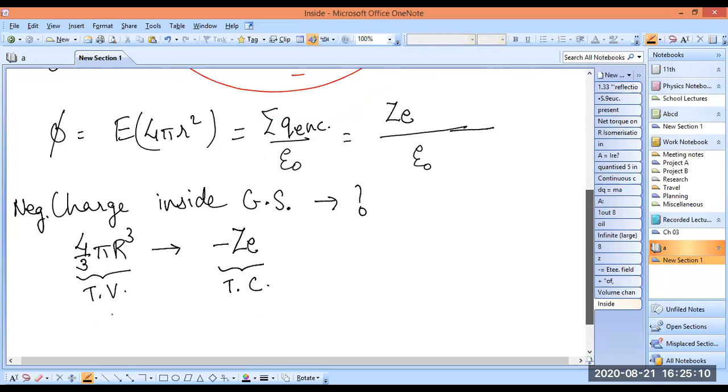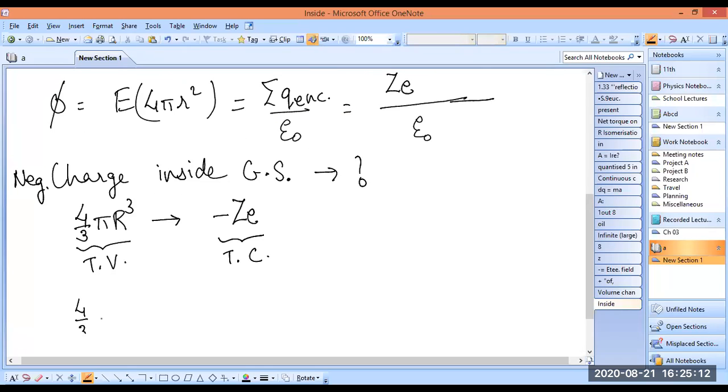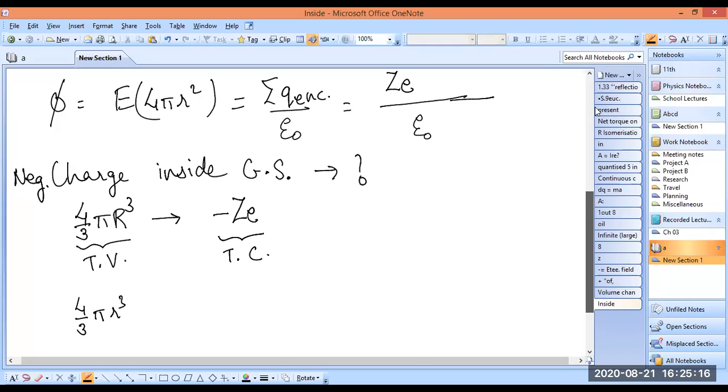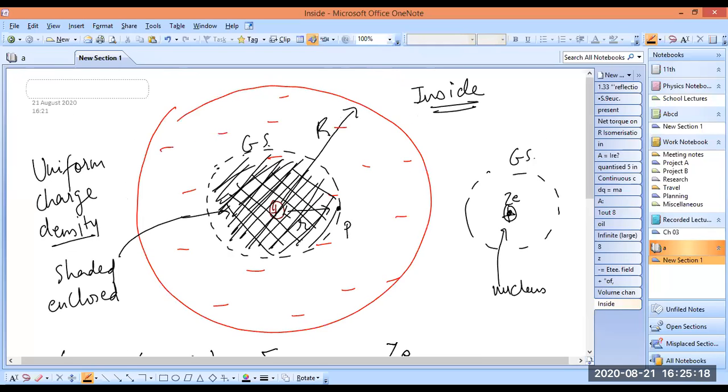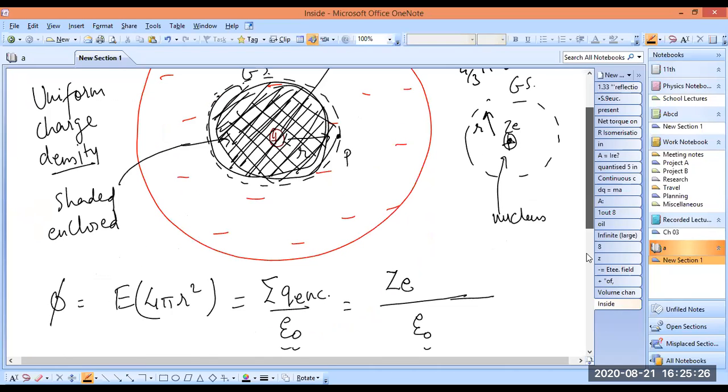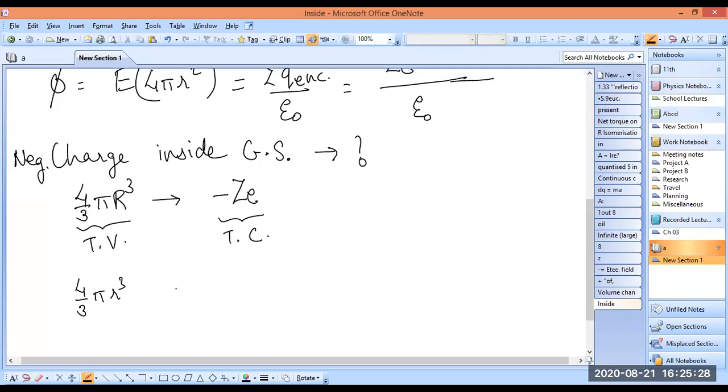Then the volume enclosed by this Gaussian surface is only 4 by 3 pi small r cube, right? So in 4 by 3 pi small r cube, how much is the charge enclosed? That's what we want to find, right?